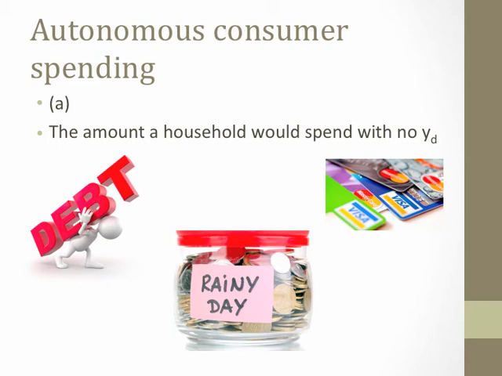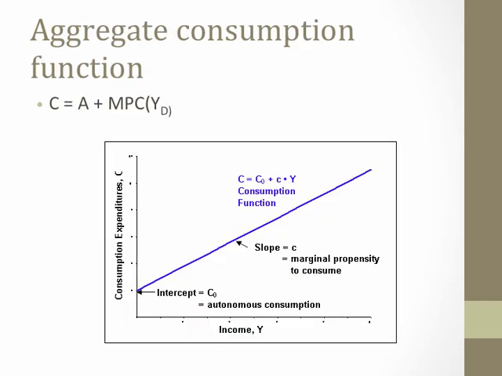If you lose your job, you still have bills to pay: rent, electric bill, food. The way you pay for that is hopefully through savings, and if not, through credit cards. Either way, we are going to spend money even when we don't have disposable income, and the letter A is going to represent that. So in our equation, C equals A plus MPC times YD, A is how much we spend even without any disposable income.